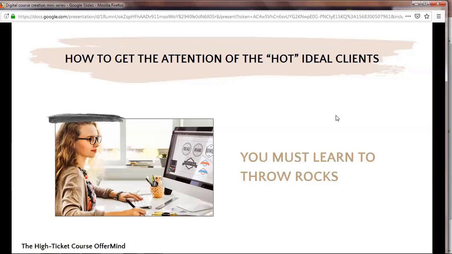Something like emailing them. That's if you have the email address in the first place. You'll be able to email them and showcase your expertise, your knowledge, and teach them things for them to be like, that's interesting. And that way you are slowly warming them up, making them more aware of the different solutions out there.